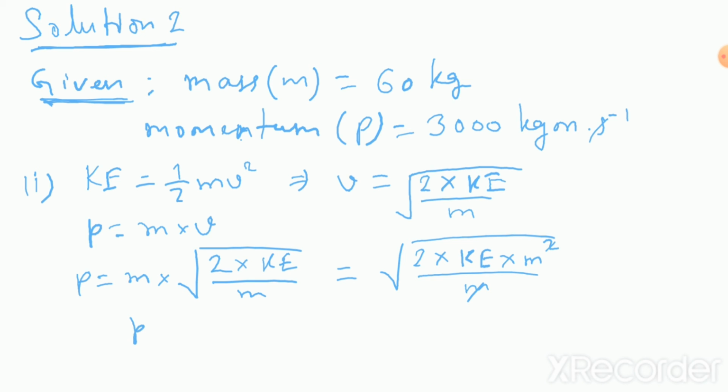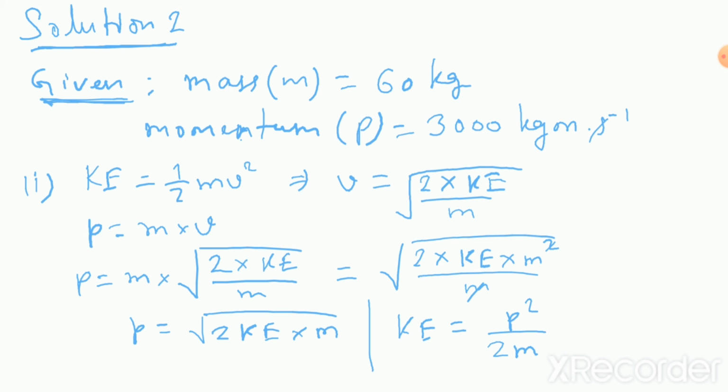So momentum P is given as root of 2 KE into m, where m is the mass. Or we can also write it as kinetic energy is equal to P square by 2m. For this problem, momentum has been given and we have to find the kinetic energy, so we will be using this formula.